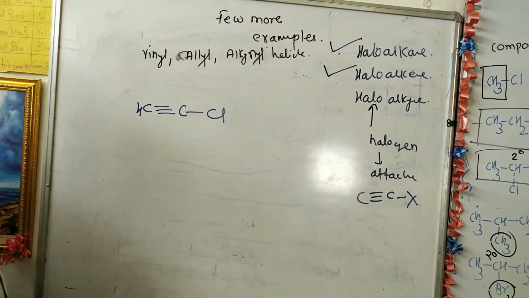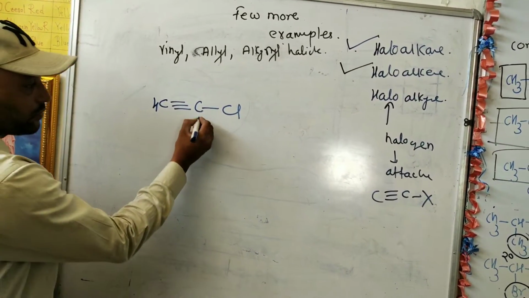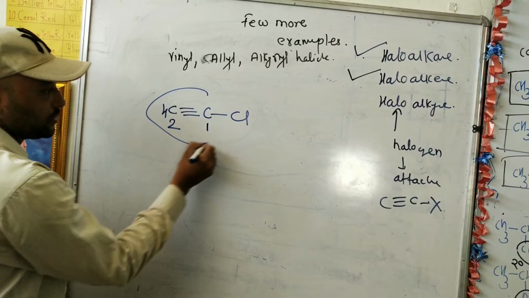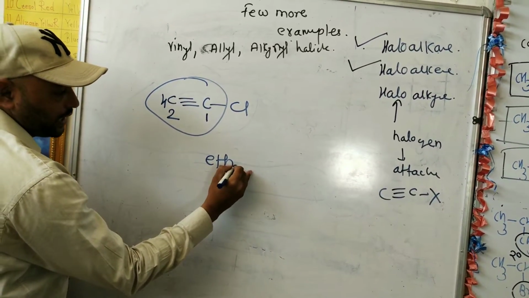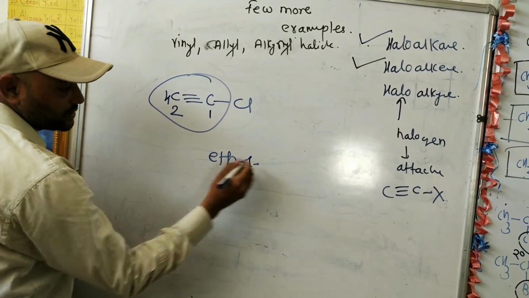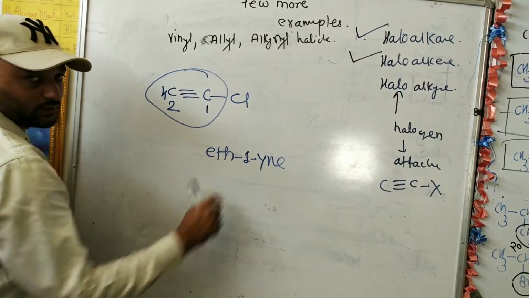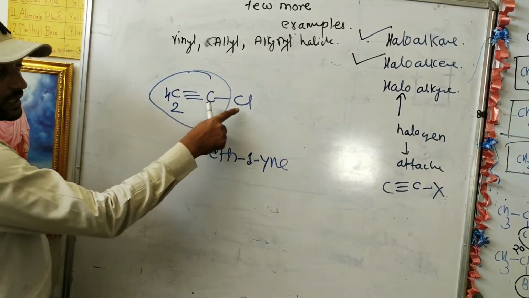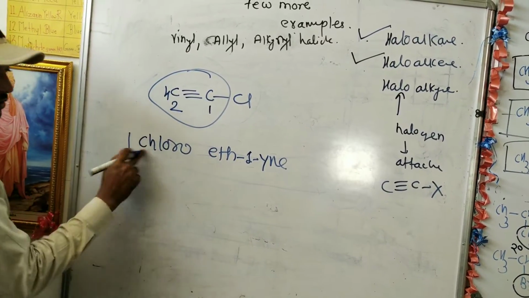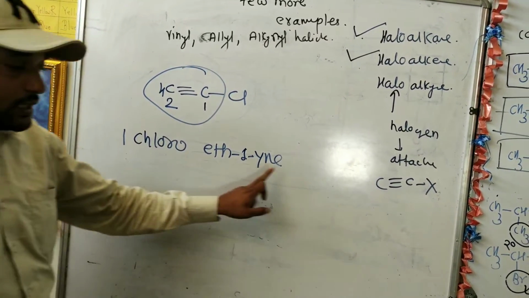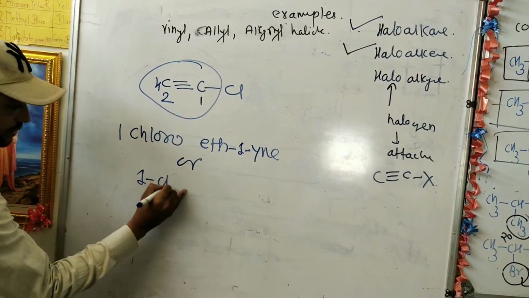Select the longest chain from where chlorine is near. 1, 2. So a 2 carbon chain is called eth, and 1 number carries the triple bond, that's why it is called yne. Eth-1-yne, and 1 number carbon carries chlorine, that's why chloro. 1-chloroethyne.